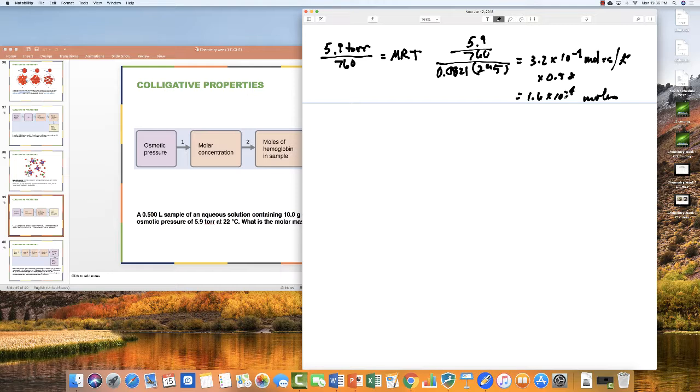So we have this many moles and it weighs 10 grams. If we take 10 grams, and that represents 1.6 times 10 to the minus 4 moles, if we do that division, we get 6.2 times 10 to the plus 4 grams per mole.